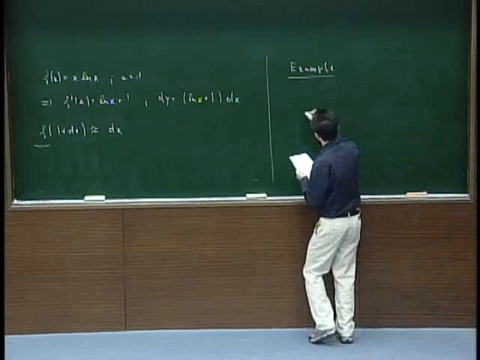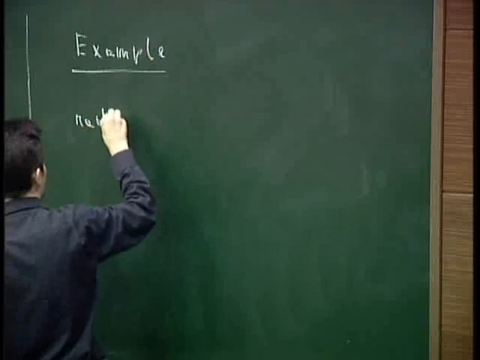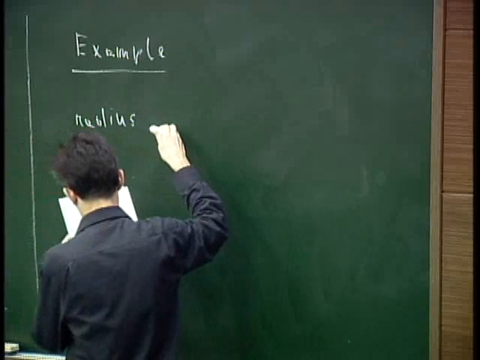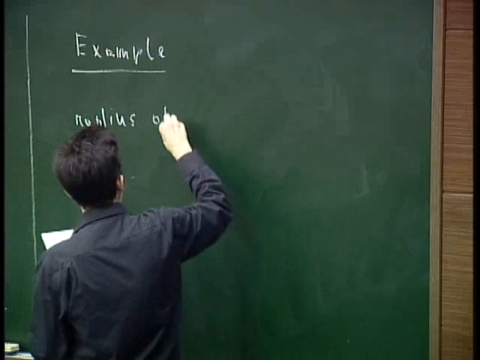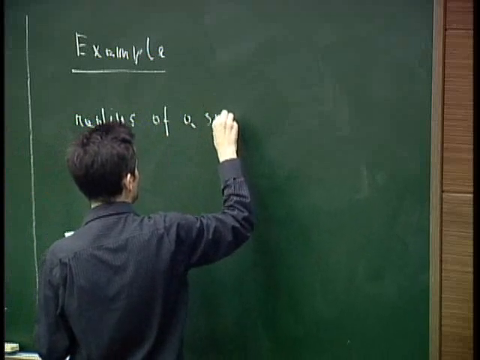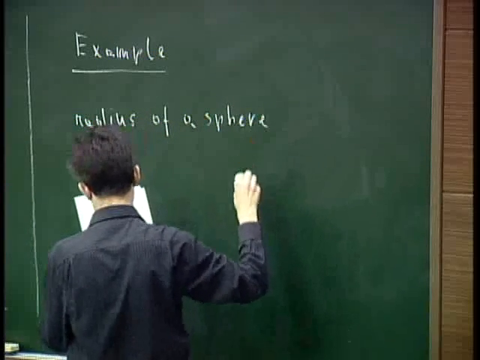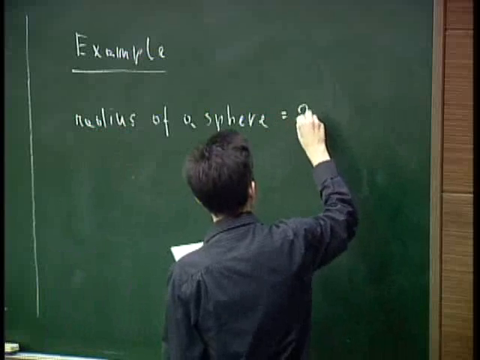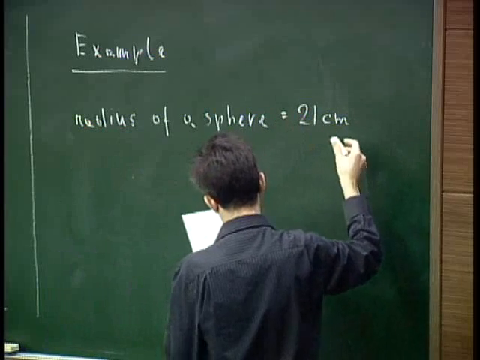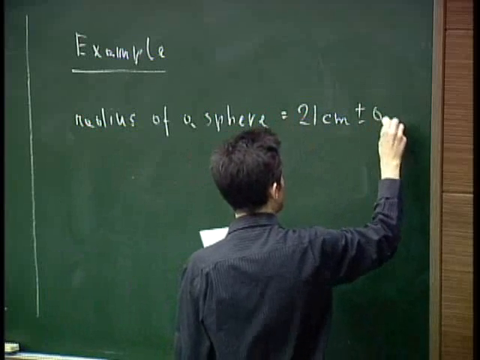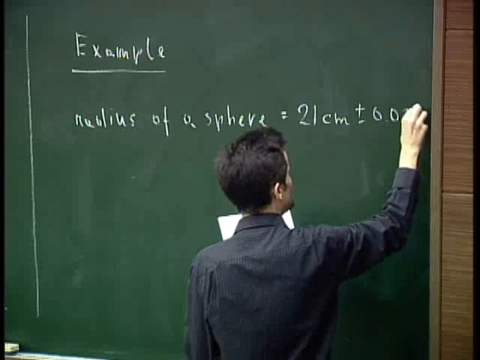So here we have measured the radius of a sphere as 21 centimeter, and then we have some error plus minus 0.005 centimeter.